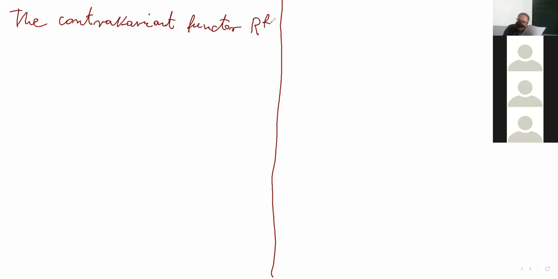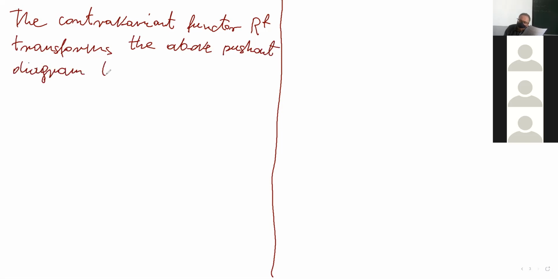So in the semiring world, I say that the contravariant functor RF transforms the above push-out diagram to the pullback diagram in the category of semirings.